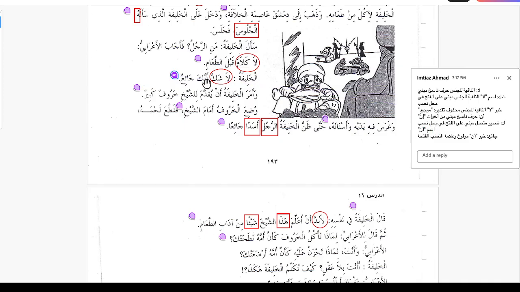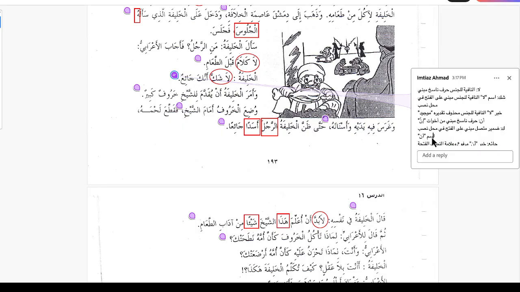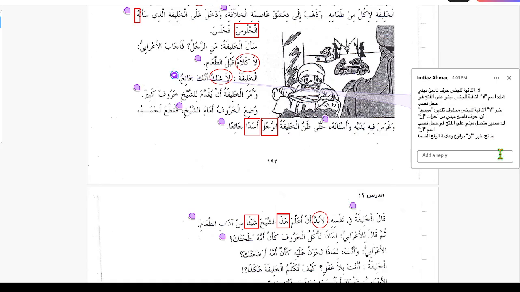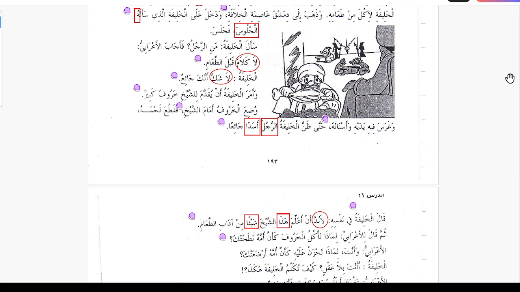So for inna, anna, kanna, inna and its sisters, ismu inna is mansubun and khabru inna is marfu'un wa lamatur rafi' ad-damma. So ka is ismu anna and ja'i'un is khabru anna.